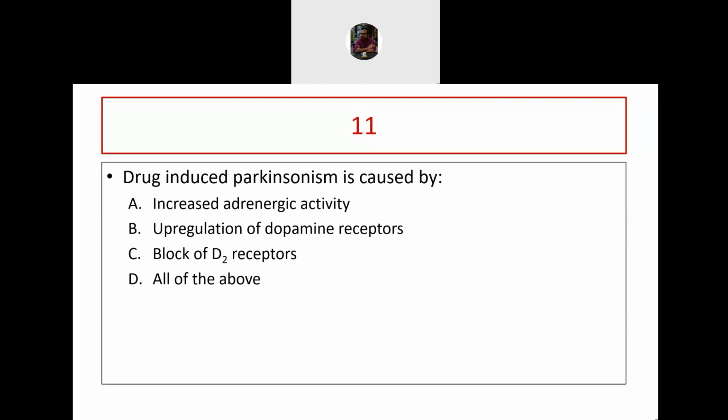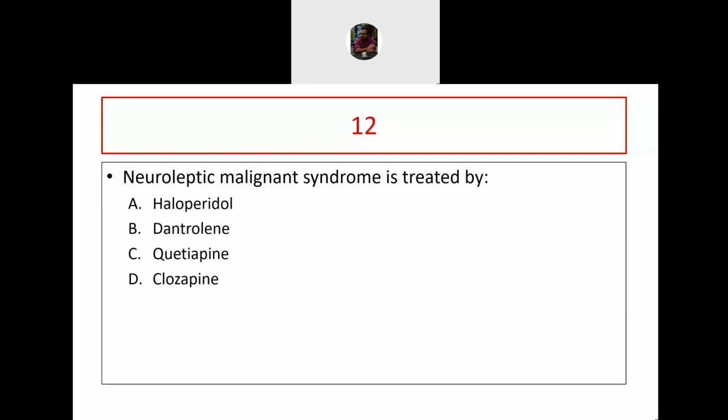Drug-induced Parkinsonism is caused by. Very good. They are caused by block of D2 receptors. So answer is C. Next question.